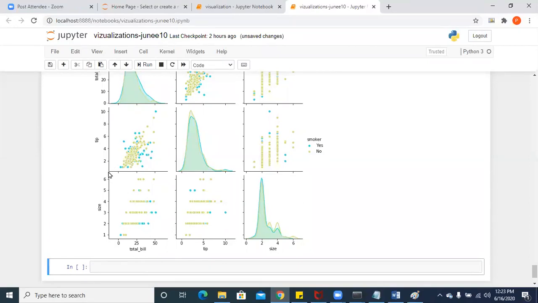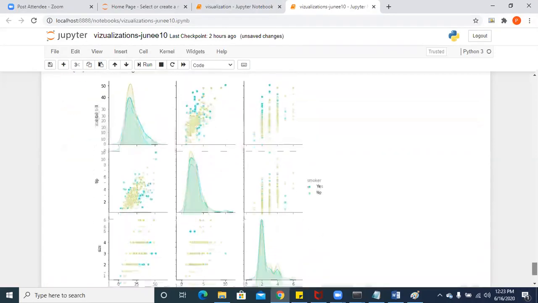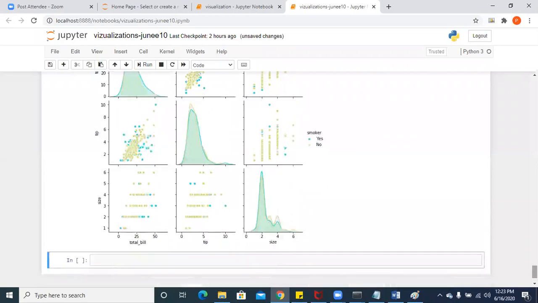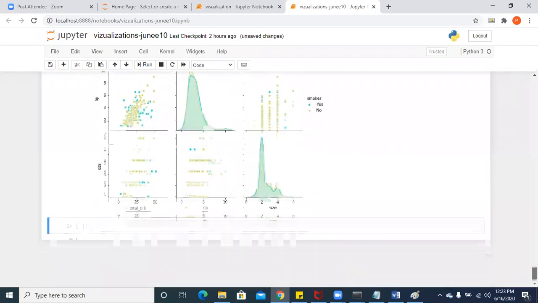Or a person who gave a tip of $10 is a male, and the size of the party is something like that. From here you can plot all the graphs in a single frame with the help of pair plot. So pair plot is mostly used for seeing the relations.